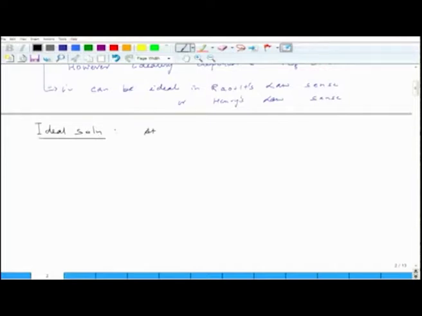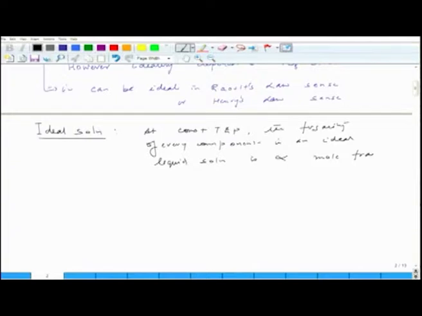At a constant temperature and pressure, the fugacity of every component in an ideal liquid solution is proportional to the mole fraction. So, that is what the definition of ideal solution is.